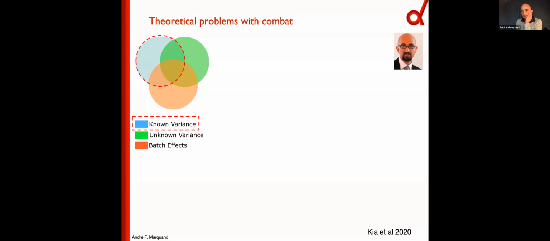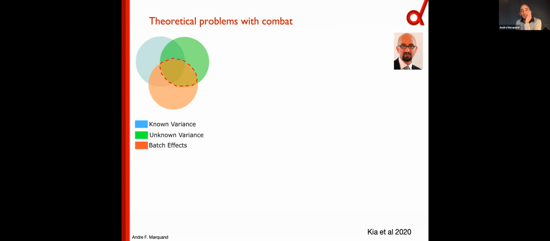We have the known variance, that is things like age. They're things we can put in the design matrix and try to predict. There is unknown variance, which might be clinically interesting, but we don't measure. So for example, subtype, symptom severity, etc. And then there are site effects, and those are the things that we want to remove. It's really important to recognize, as I pointed out previously, that these things are potentially correlated.